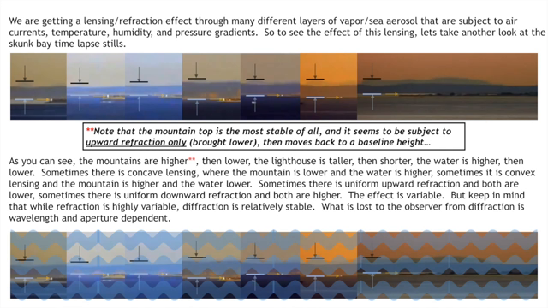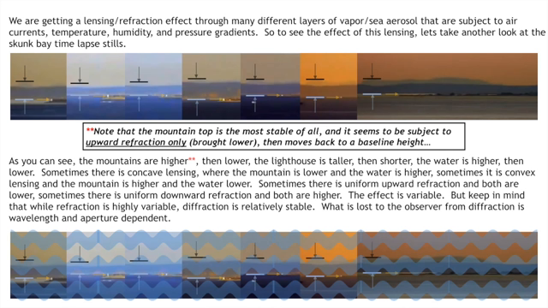We'll mark the lighthouse with the yellow arrow, its position, and we'll mark the water line where it meets the shore along that distant mountain range with a blue line, and we'll mark the top of the mountain with a black line. And you can just see how those change within different atmospheric effects along the way.